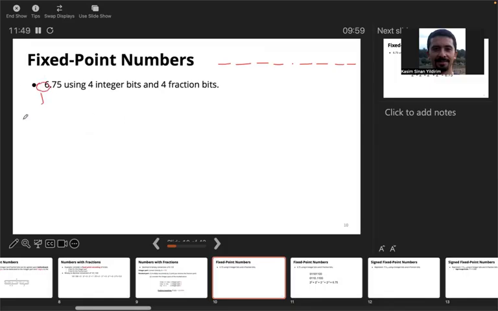How are we going to represent this in binary? We already did it, right? What is that? 0, 1, 1, 0, right? I'm not making a mistake, I hope. 0, 1, 1, 0 is the integer part of the number in base 2. And what about the fractional part?